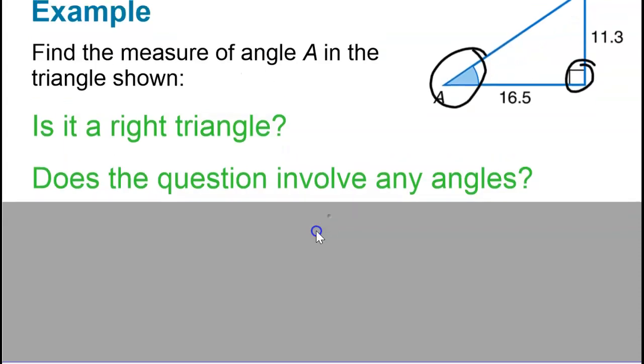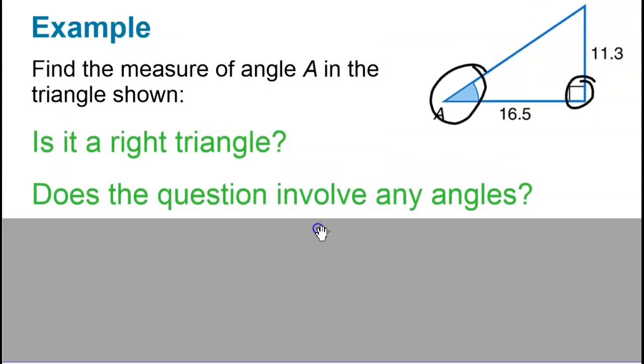Now we want to figure out what we are given. We've been given an angle, and we've got an adjacent side of 16.5. Don't know the unit. And we have an opposite side of 11.3. We're going to name this opposite side A, because it is opposite angle A, and I'm going to name this other side B, just so that we've got a reference.